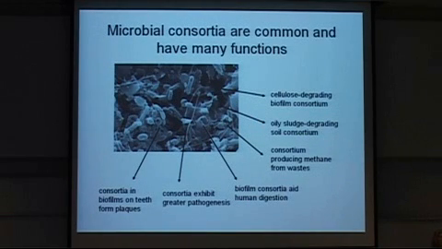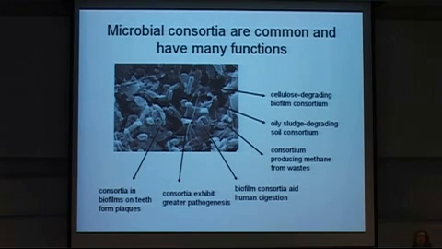For us, the thing we've been most interested in is microorganisms and the types of consortia that exist in nature. These are very interesting because they can conduct very complex functions, such as degrading cellulose in a biofilm, degrading a sludge, or using a consortium to produce methane from waste.